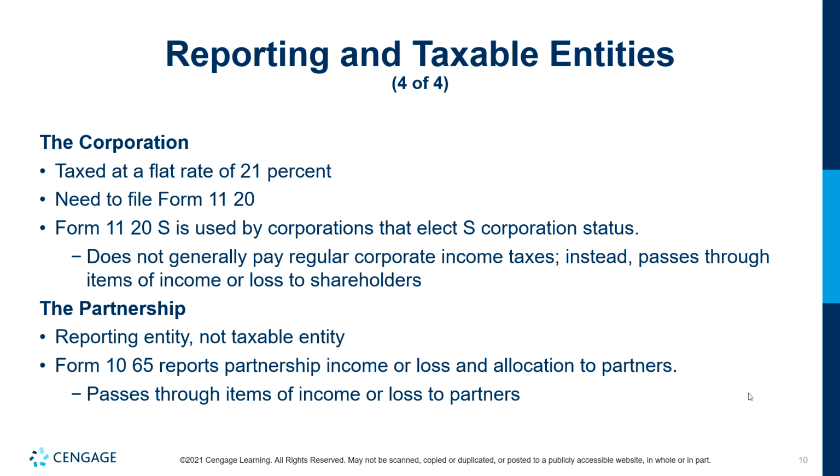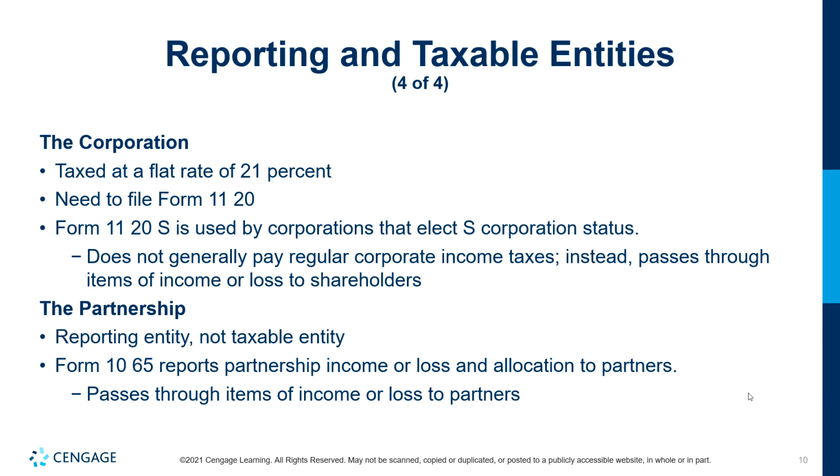So nothing is ever set in stone, except which forms you need to file sometimes. But a C Corp will file a Form 1120. Now again, if they elect for an S Corp status, they will file actually the 1120S.